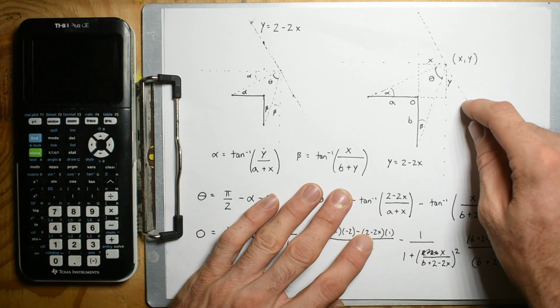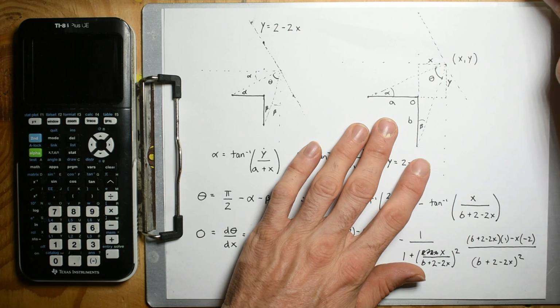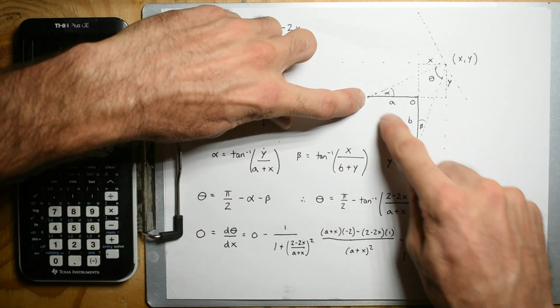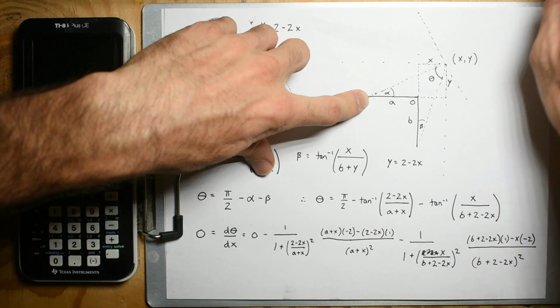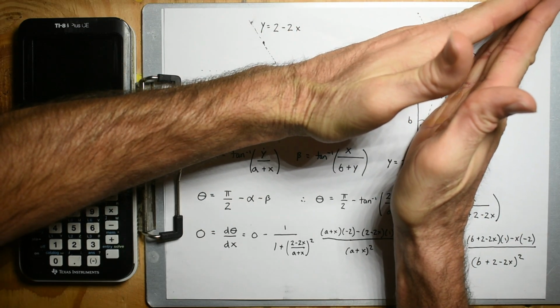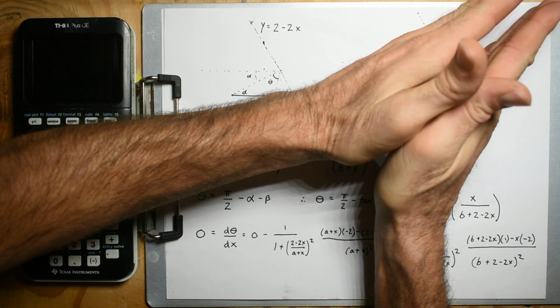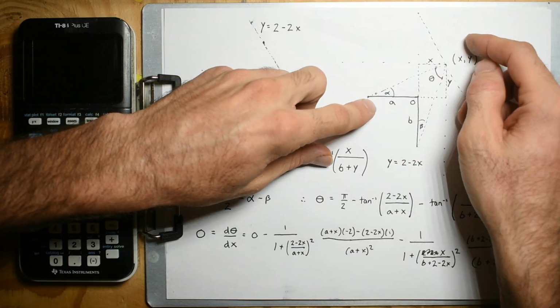And that makes sense, because let's say I take this out to infinity. This length doesn't change, but this could go out forever, and the angle is going to get smaller and smaller. The angle is going to go to 0, but it's going to take a long time to do that.